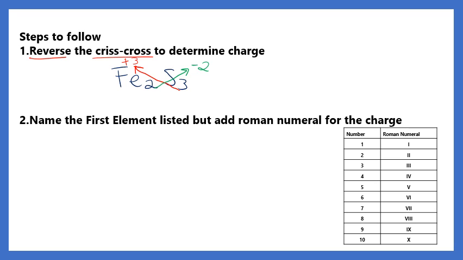So you know that iron takes that +3 charge, and the sulfur takes that -2 charge. The charges are really important.